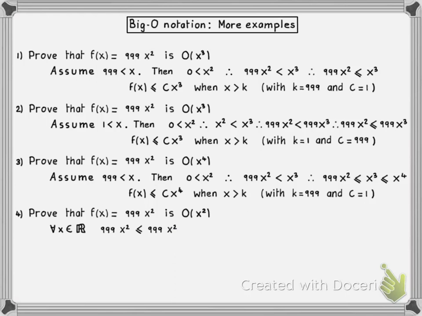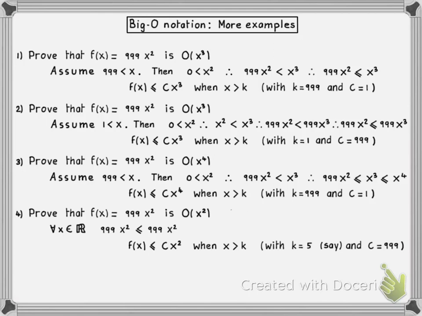So without any constraints on x being large enough, we just established the upper bound that we need for f of x. So in particular, we match the definition of the big O relationship, where in this case, c is equal to 999, and k is any value we need, really, because this inequality holds for any real number. So let's pick an arbitrary value of k, say 5, and now we have a pair of witnesses that prove this big O relationship.